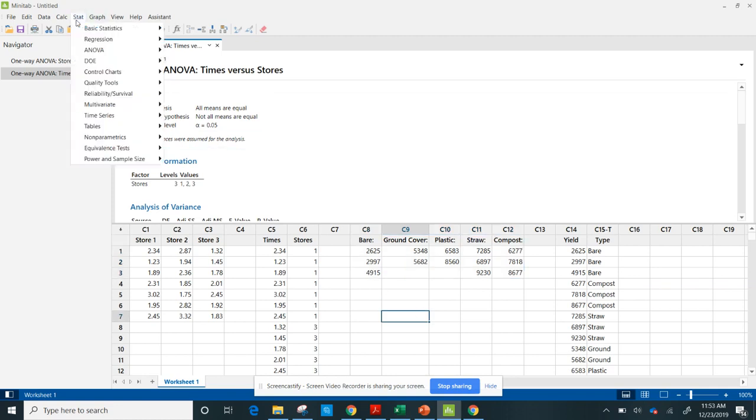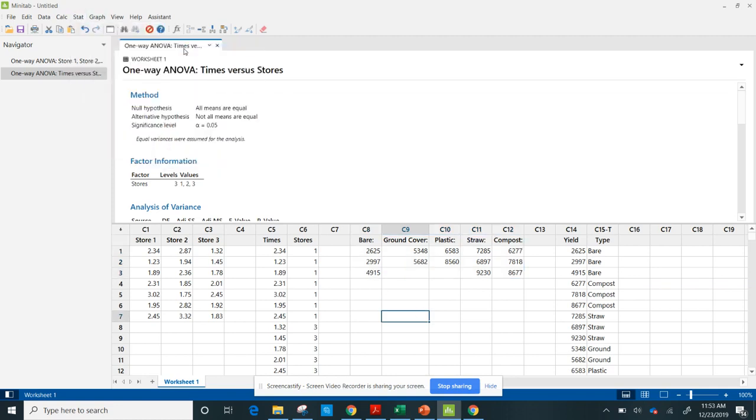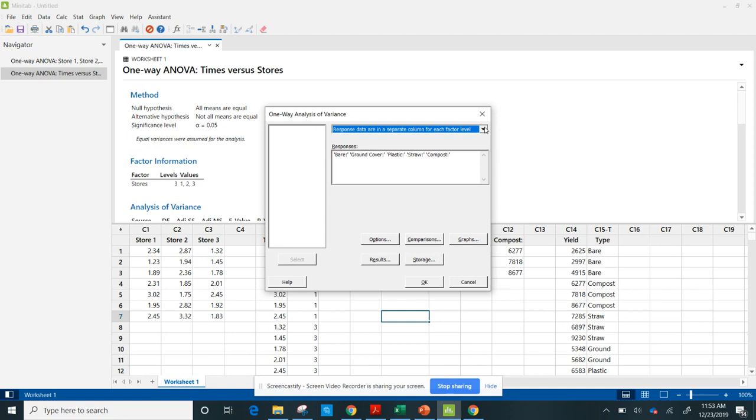So I go up to Stat, I go over to ANOVA, and I do one way. So again, I do responses are in separate columns for each factor. Why? Because I look over here, I've got bare, ground cover, plastic, straw, and compost. They each have their own column for each type.